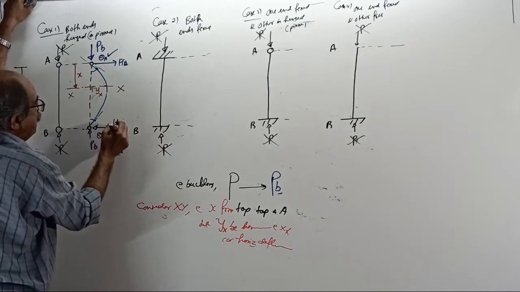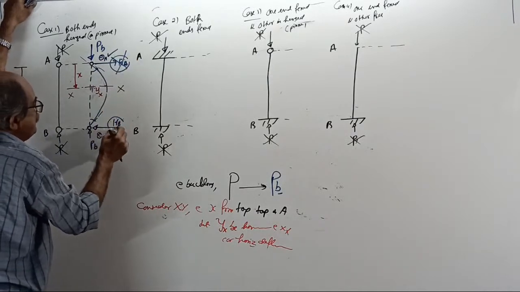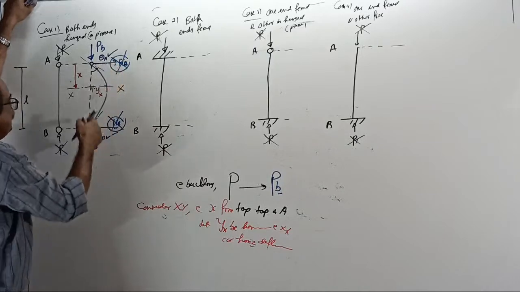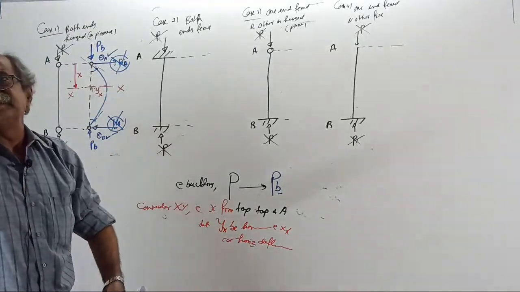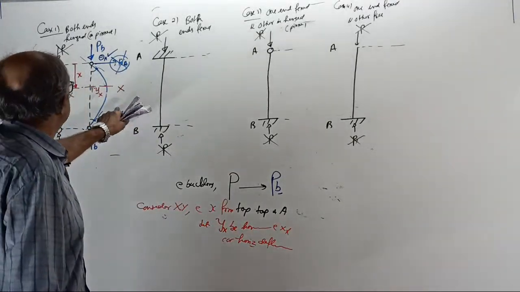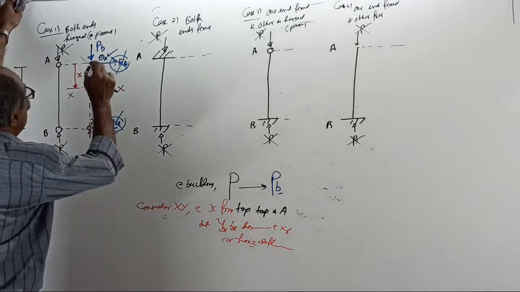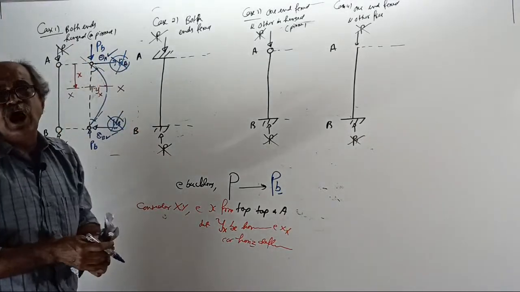Possible, but it will not be there because this is a symmetrical case. If a horizontal reaction comes, it will spoil the symmetry. So, even if it has the capacity, the horizontal reaction will not be there.